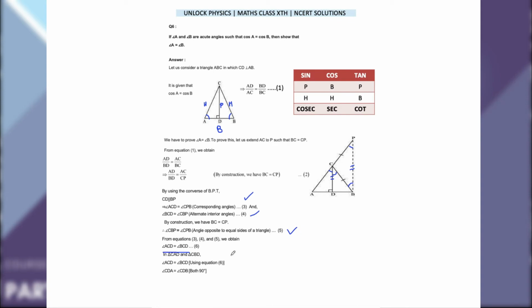In triangles CAD and CBD, angle ACD is equal to angle BCD using equation 6. Angles CDA and CDB are 90 as given in the question. So therefore the remaining angles should also be equal, which are angle CAD equal to angle CBD, which gives us angle A is equal to angle B.